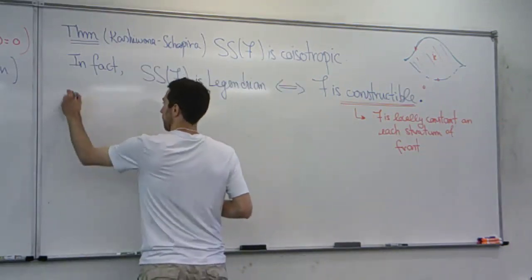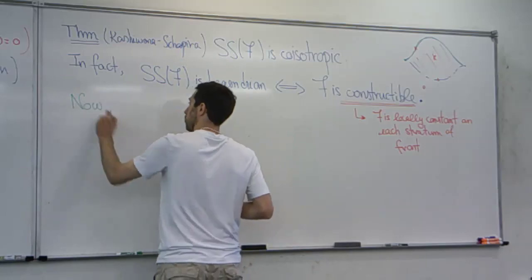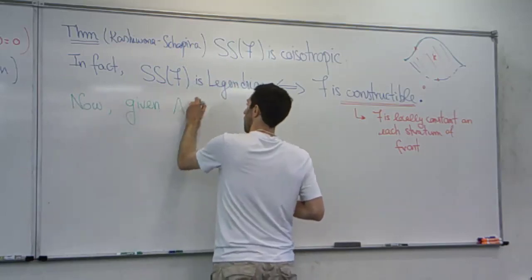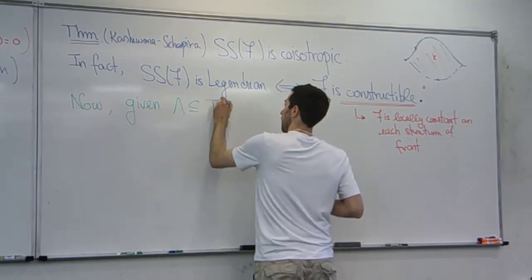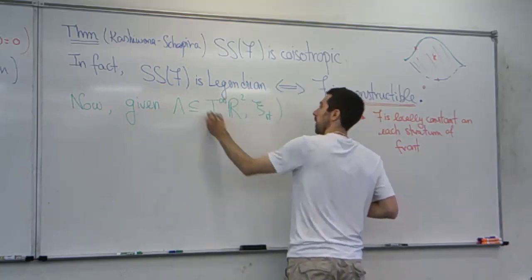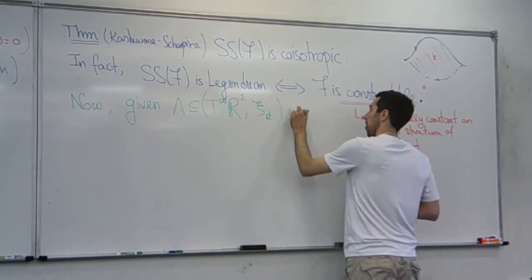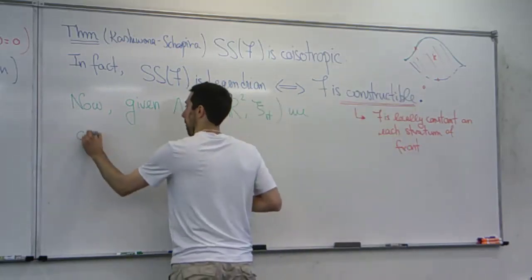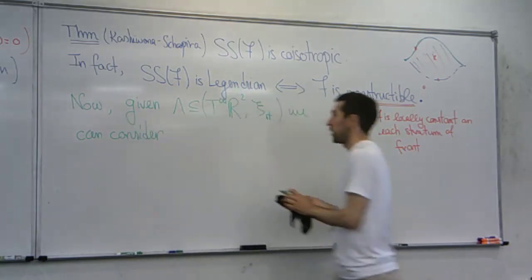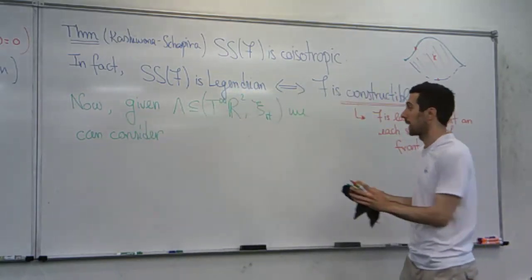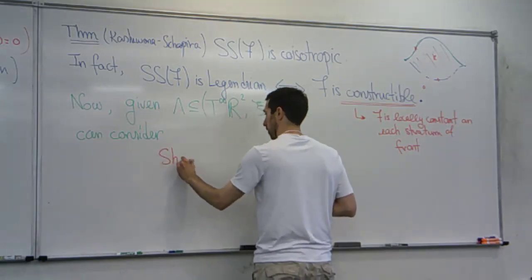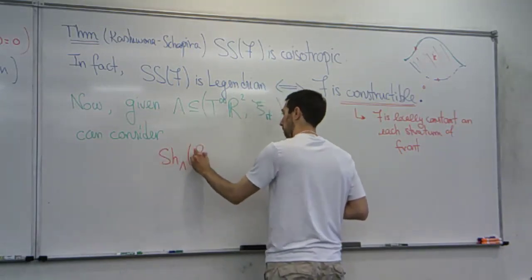Okay, so how is this used? The idea of using the singular support is that, as I said, if our given object is a Legendrian lambda in T infinity of R2 with its standard structure, we can consider the subcategory of sheaves which have singular support exactly on lambda. So the important category here is sheaves sub lambda, in this case of R2.